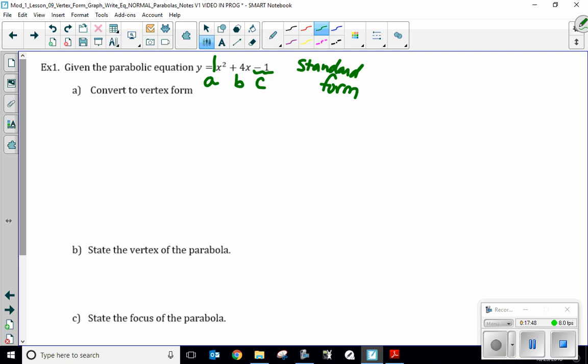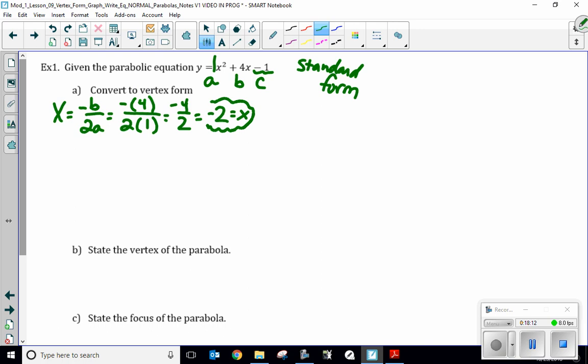In order to find our vertex in standard form, the x value is negative b over 2a. So my b is 4. I'm going to negate my b value all over 2 times a, which is 1. Negative 4 over 2. That's negative 2. That is the x value for the vertex.